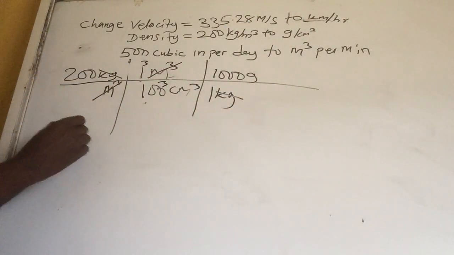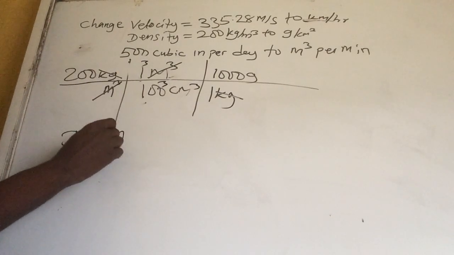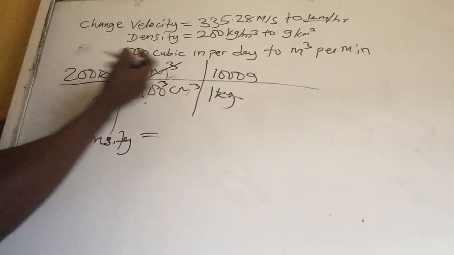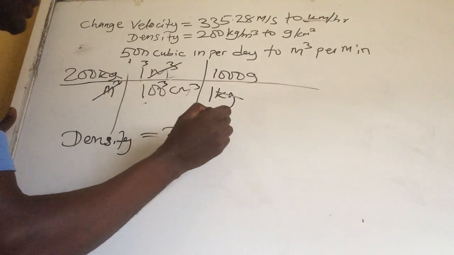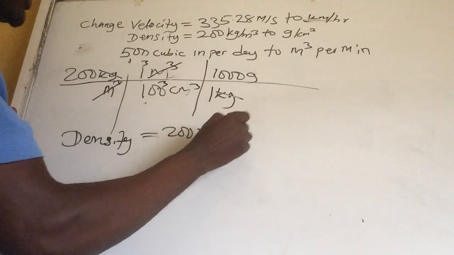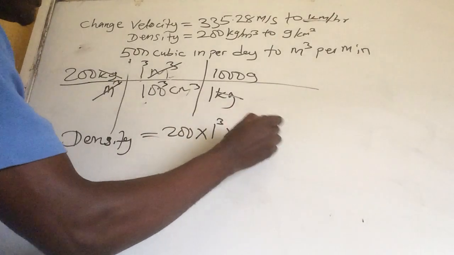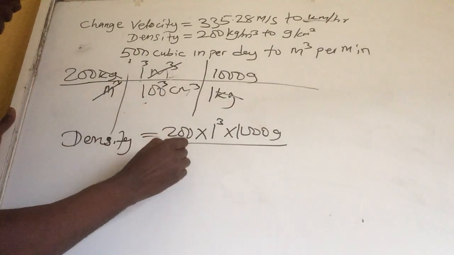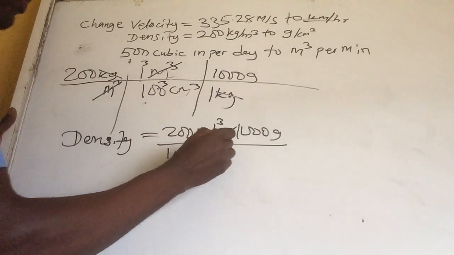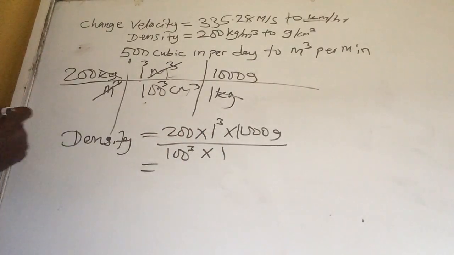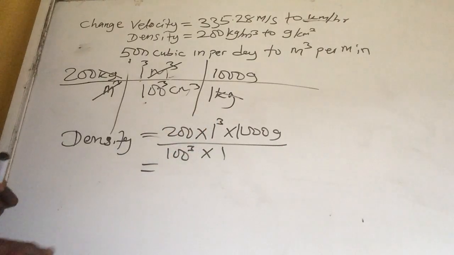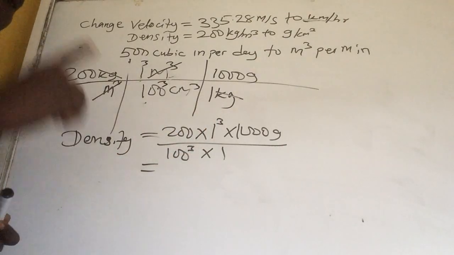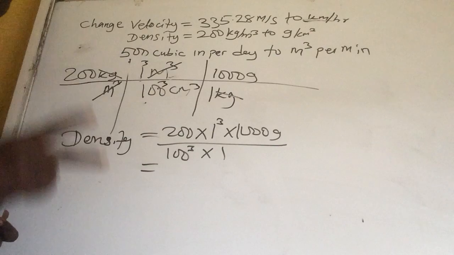Now let us find our density, which is, to start multiplying, 200 times 1 cube times 1000 gram all over 100 cube times 1. 1 raised to the power 3 means 1 times 1 times 1, which is 1.